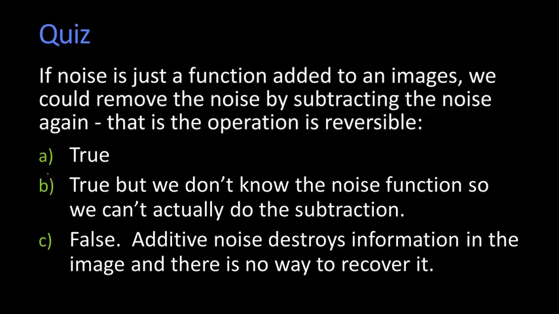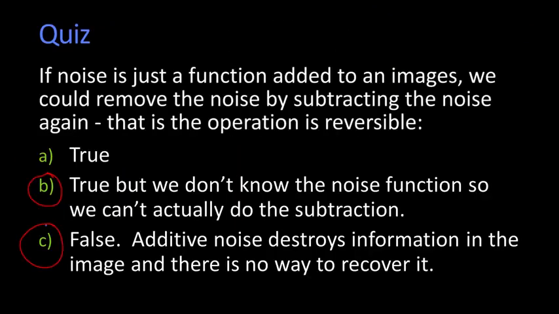Well, B is certainly true. Yes, I could remove the noise if you told me what the noise is, but nobody ever tells you what the noise is, because if they did, they would have removed it in the first place. So you don't know what the noise is, you just know the statistics of the noise. And then here's one that's interesting: false because additive noise destroys information. Well, if you have just plain addition and the addition works, then that statement is not true, and so C would be wrong.